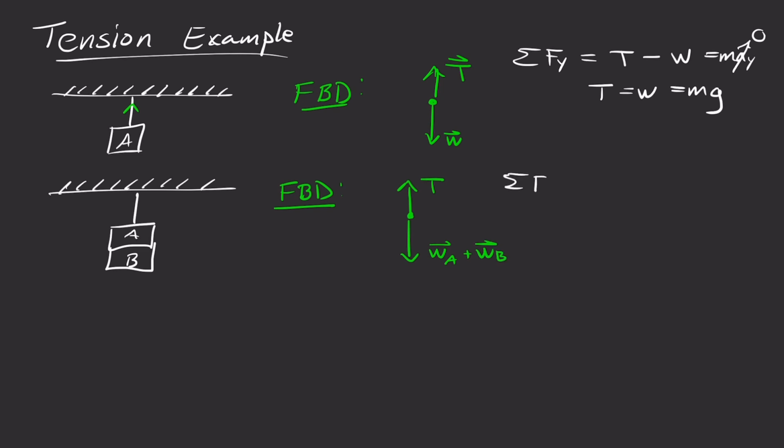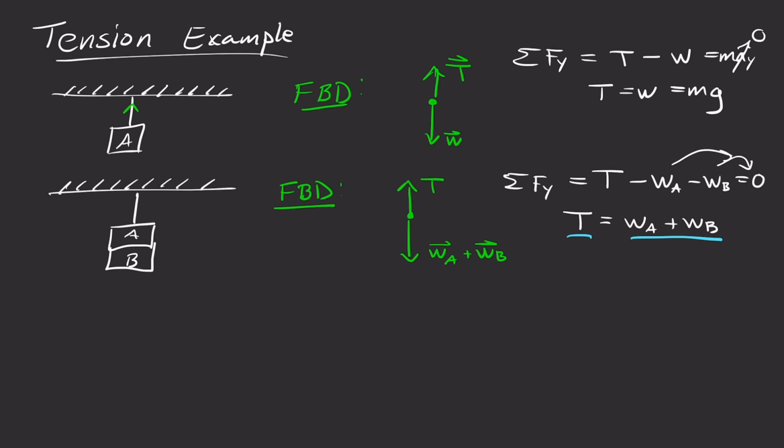So if we sum up the forces in y, we get the tension minus the weight of A minus the weight of B equals 0, and we get the tension is equal to the weight of A plus the weight of B when we move them to the other side. Okay, so now this tells us that the tension has to support both of the weights. Okay, so it has to be equal and opposite.